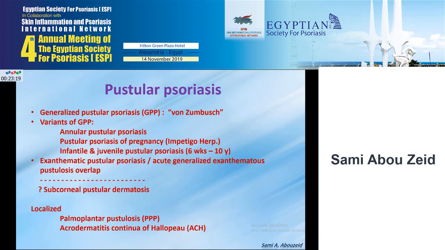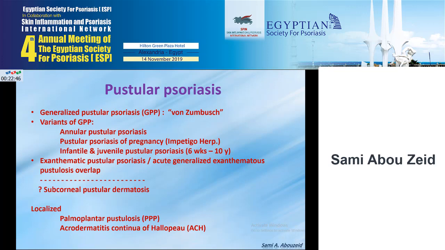I would like to point out that pustular psoriasis of pregnancy and infantile pustular psoriasis are frequently annular. They give annular configurations. We have also the exanthematic pustular psoriasis, the acute generalized exanthematous pustulosis overlap. Acute generalized exanthematous pustulosis is a drug-induced condition.